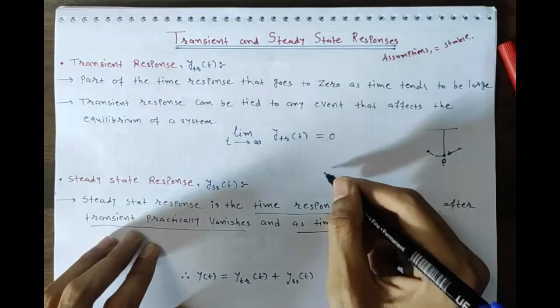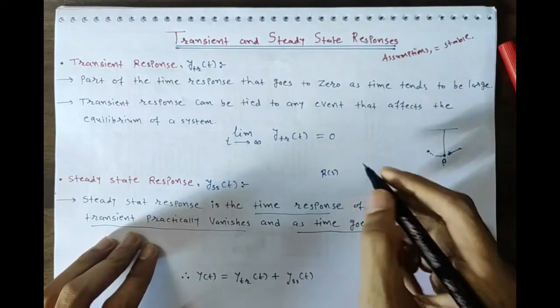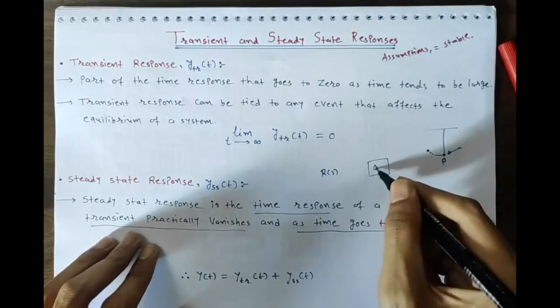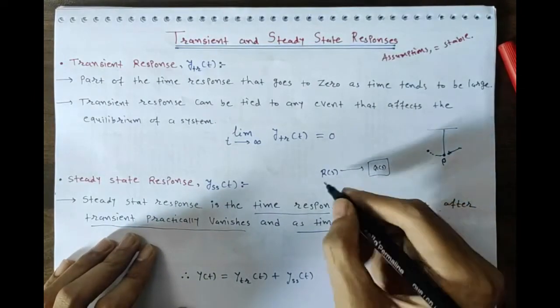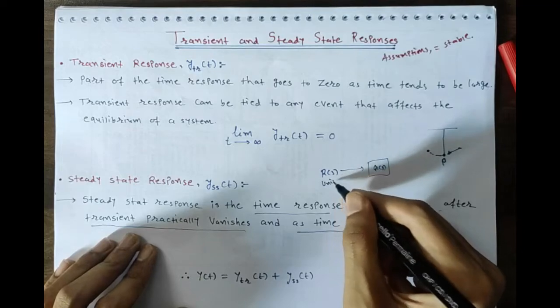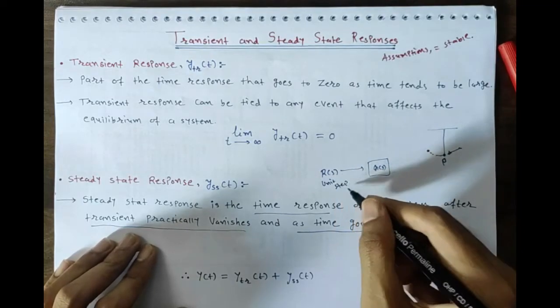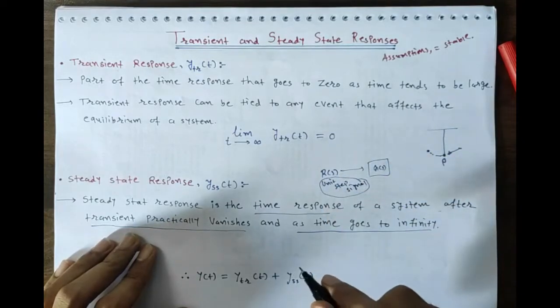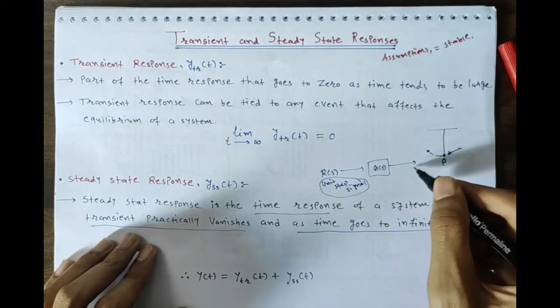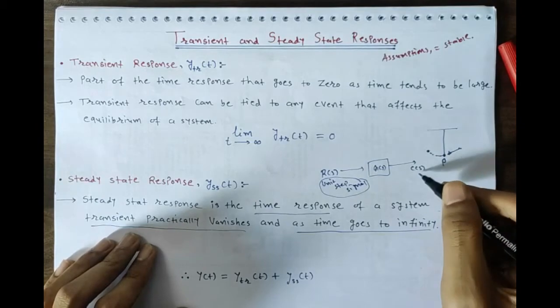So let's say we are having a system, let's say it is given by a transfer function G(s), and we are giving input R(s) in the form of a unit step signal. Now still you don't know what a unit step signal is, but let me just tell you, and in that case you will get output.